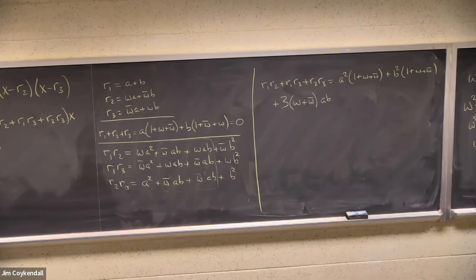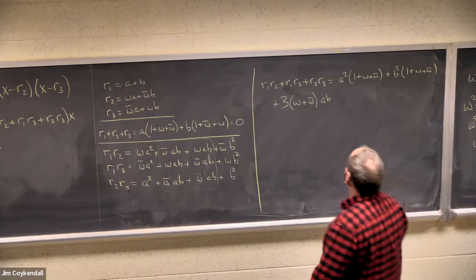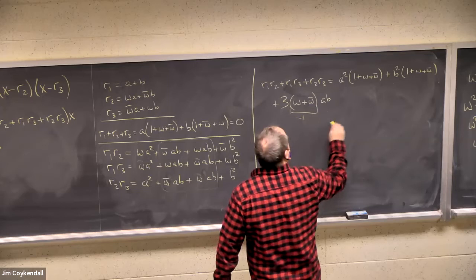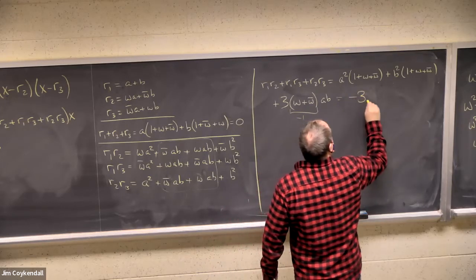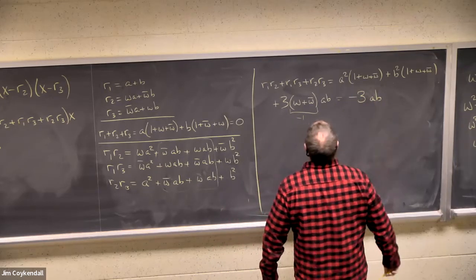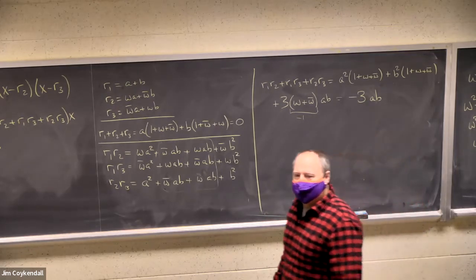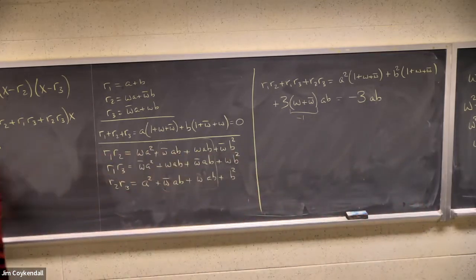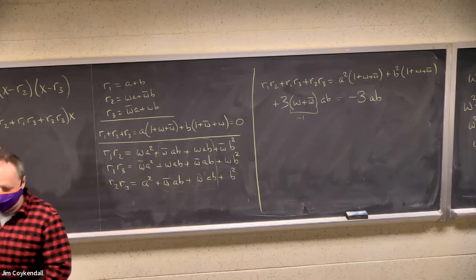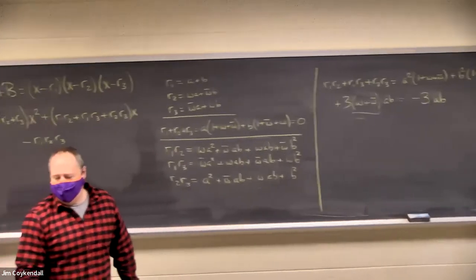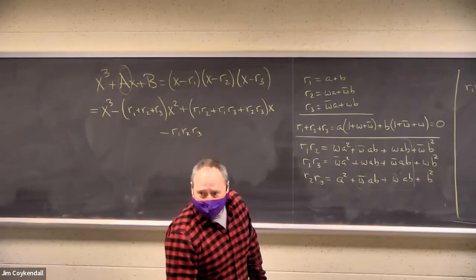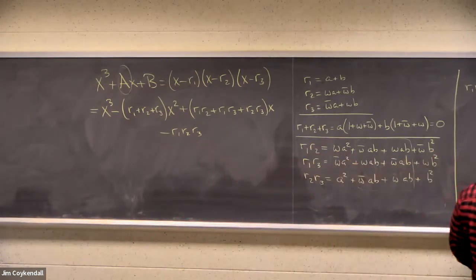And lucky me, what is omega plus omega bar? It's negative 1, right? So this is negative 3AB. And it's also equal to this, it's also equal to A. So my first equation that I can get is this.